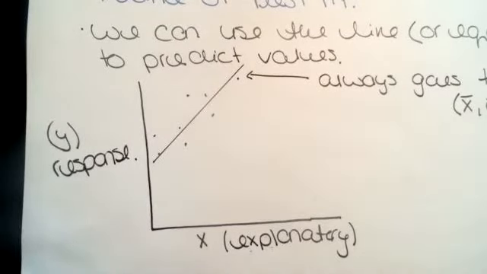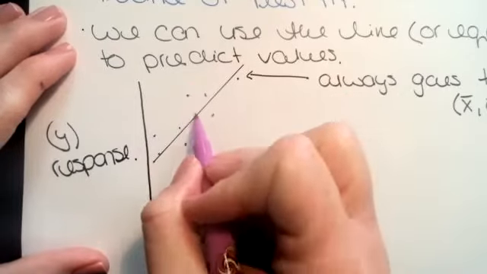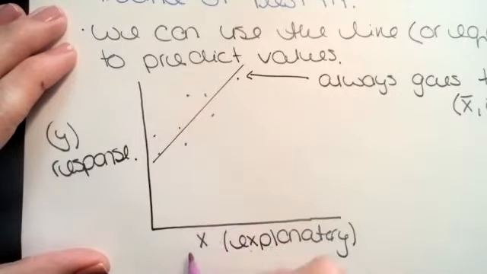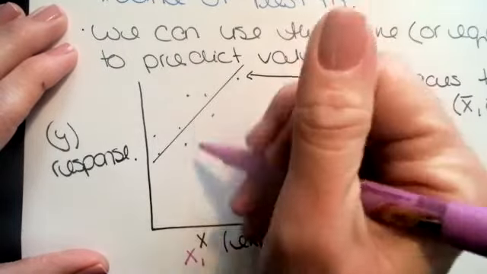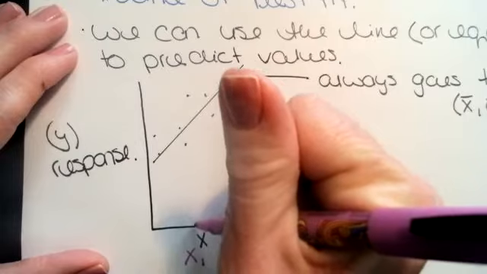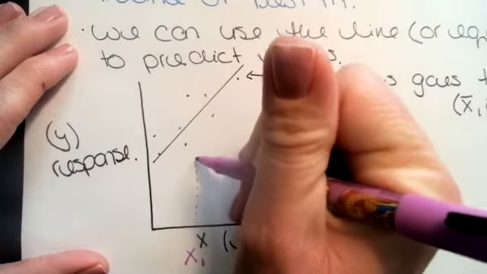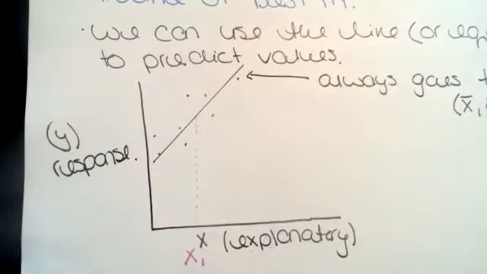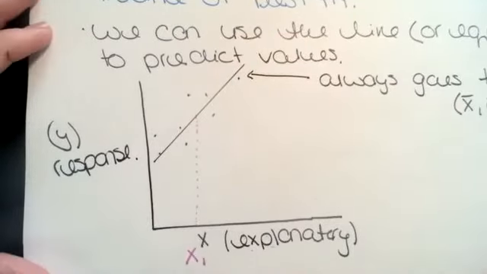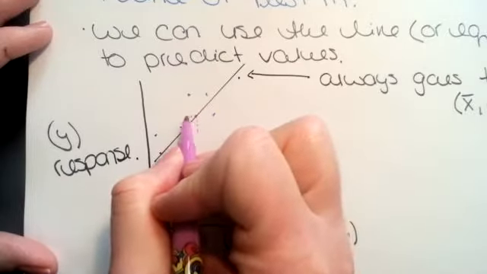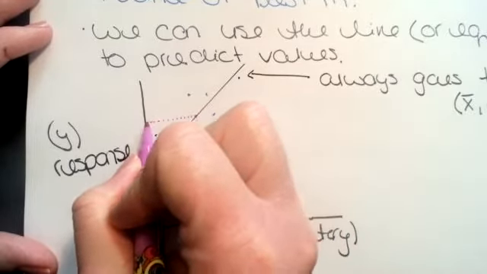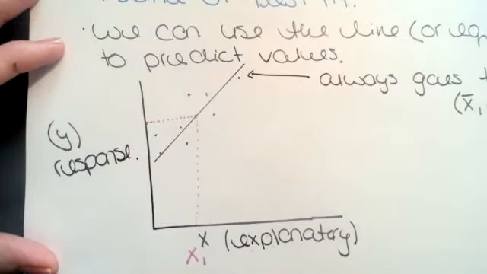So if we have some X value, I'm going to just say I have X1, and I'm going to put it down here, X1, okay? And I want to see, well, where is that value up here on the line? So for some X, I want to know what is the Y value. The actual Y value, or not actual, but the predicted Y value is right here.